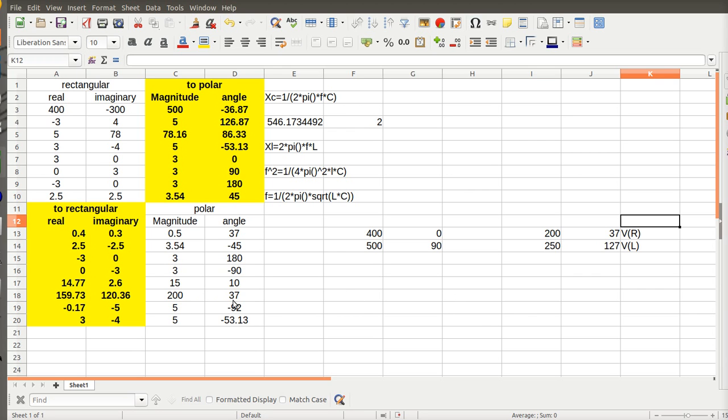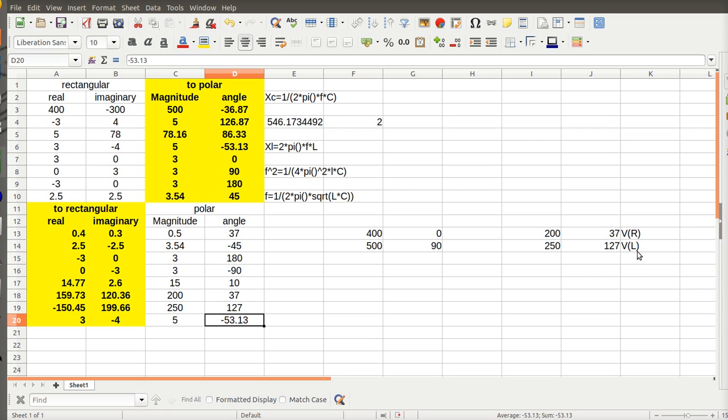I did the resistance one here. I'm going to do the polar one right below it. So it has a 250 with an angle of 127. Okay, so that is my VR. This is my VL.